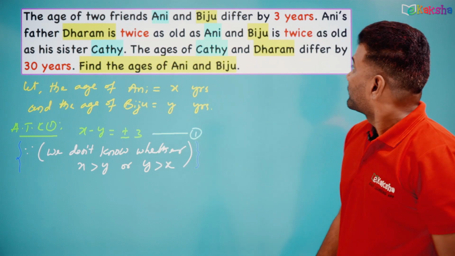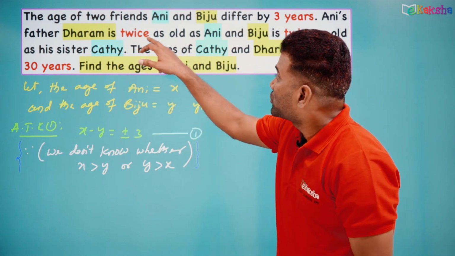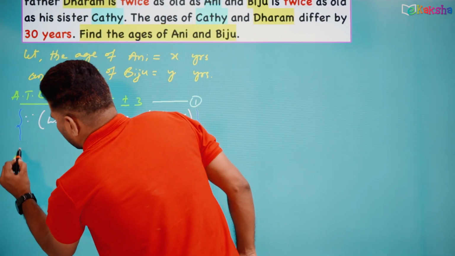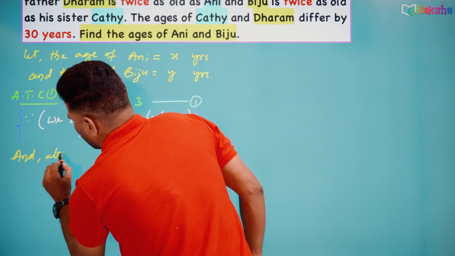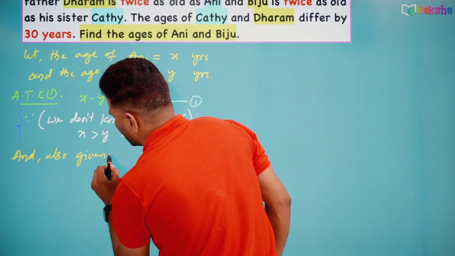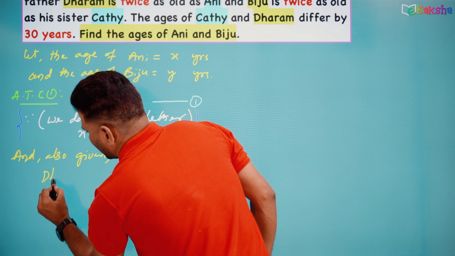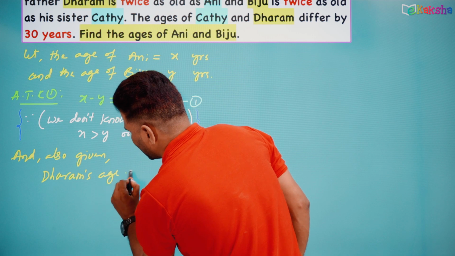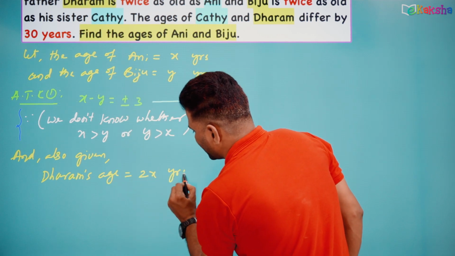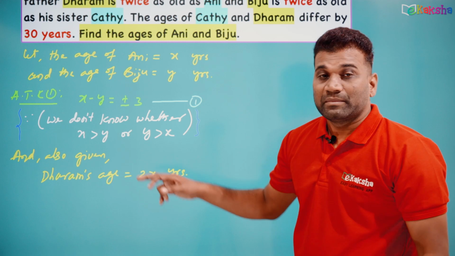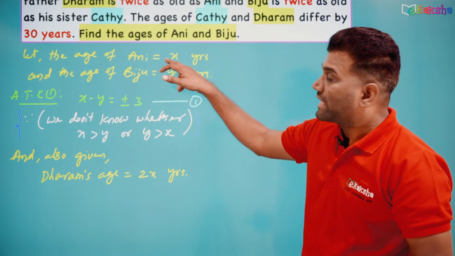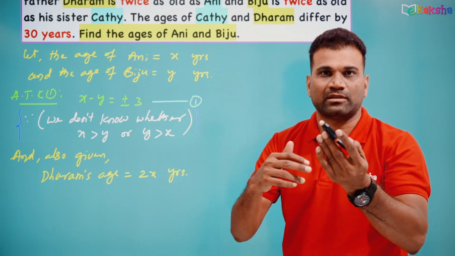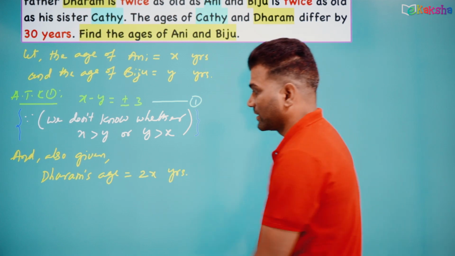Also given, Ani's father Dharam is twice as old as Ani. So Dharam's age is 2x years. Here Ani's age is x years, so Dharam's age must be 2 times x, that is 2x years.